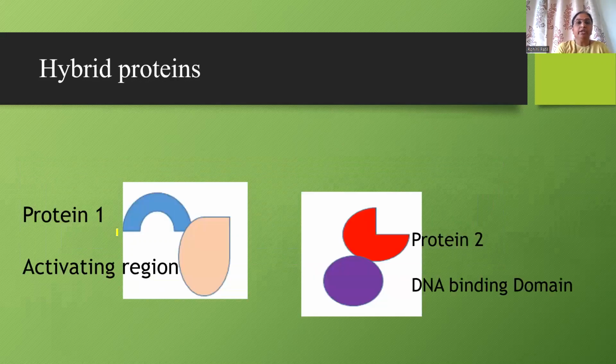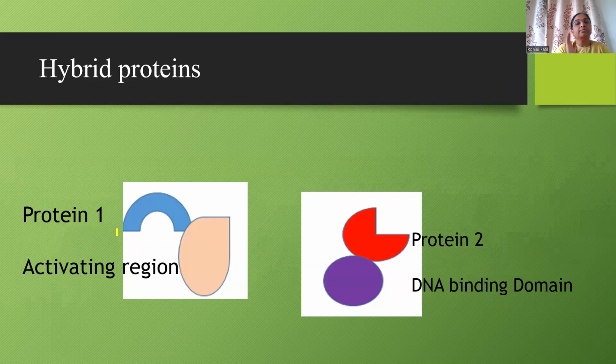Now here the hybrid proteins are going to be made from the two hybrid constructs. The first one is protein 1 fused with the activating region, and protein 2 is fused with the DNA binding domain.